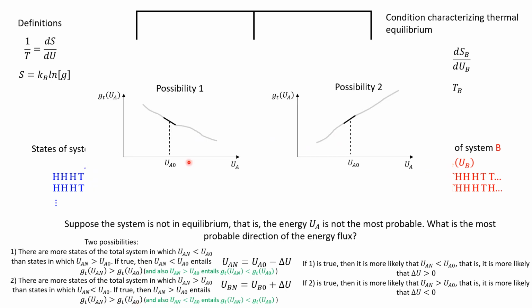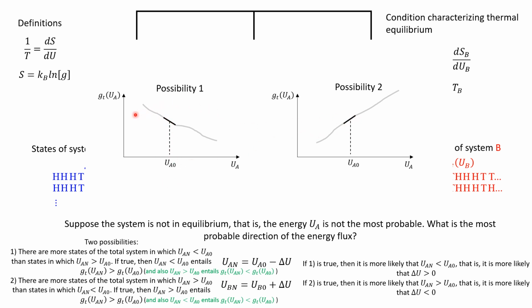Okay, so to sum up the story, suppose that we plot the multiplicity of the total system against the energy of system A, and we zoom in, we focus our attention on the behavior of the multiplicity around the initial energy. So when we say that there are two possibilities, we are stating that the multiplicity could be decreasing around this value or increasing.